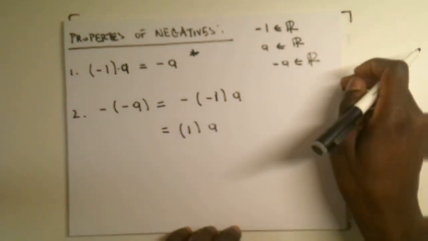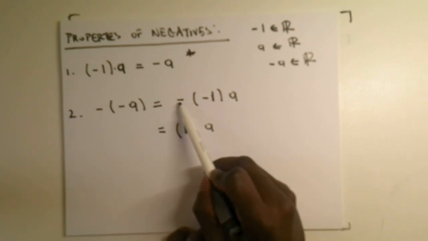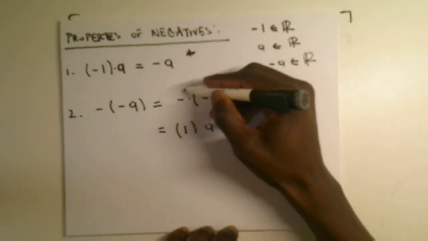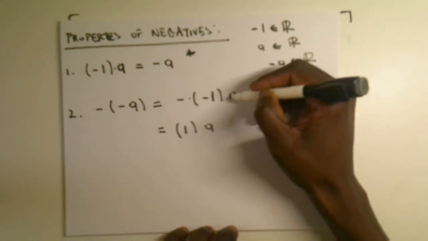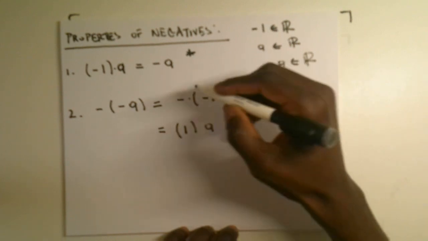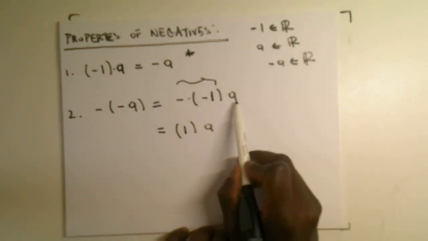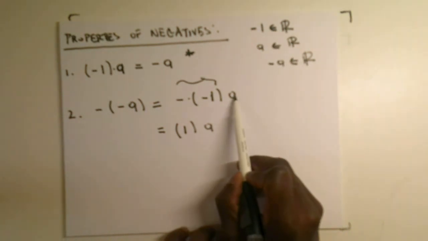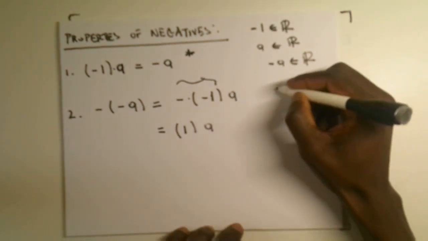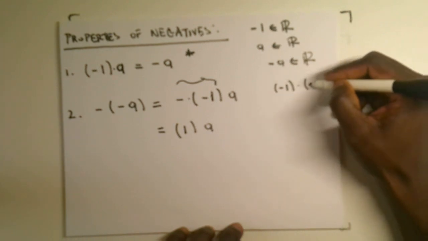So we know from the previous fact that when you multiply by -1, this changes the sign, right? So we're really changing the sign, we're not changing the value of A. So -1 times -1, what this is saying is that this minus is also -1 times -1.